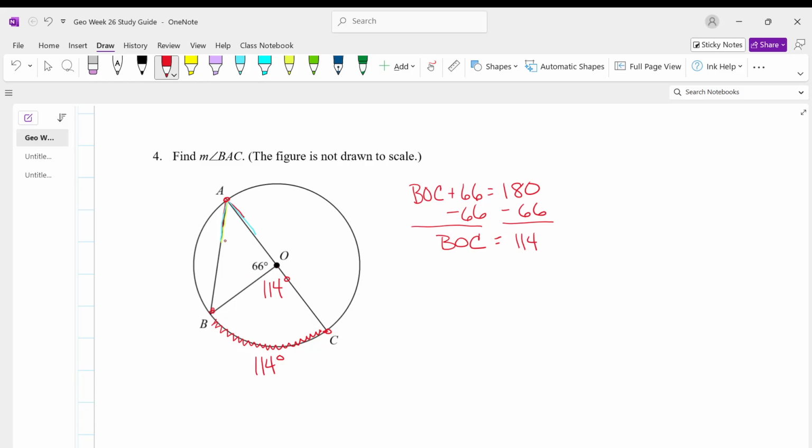Now, angle BAC is an inscribed angle, and it's equal to half of its intercepted arc. So the measure of angle BAC is equal to 1/2 of 114. And that's 57 degrees.